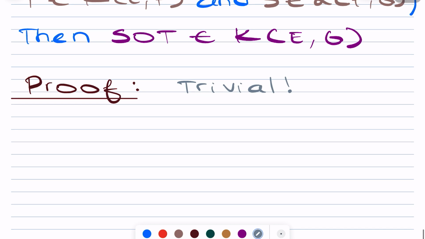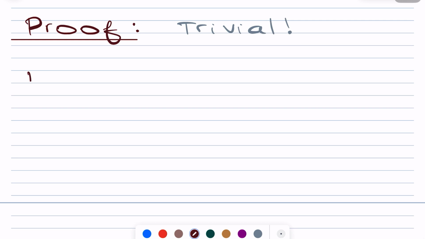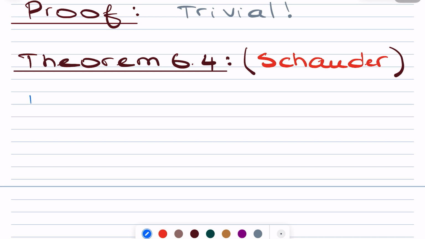Okay, so let's have what will be the final theorem of this lecture. Theorem 6.4. This is also known as the Schauder theorem. It gives us, if I have a compact operator, is the adjoint also a compact operator?